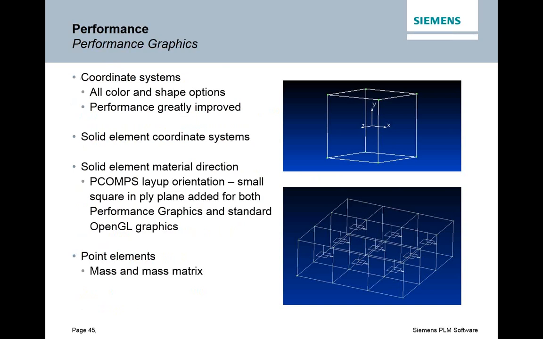As with every recent release of Femap, they've improved upon the performance graphics to include more items handled by this performance graphics system. If you don't already have performance graphics turned on, it's under preferences, and it's going to really speed up a lot of your dynamic rotation within Femap.